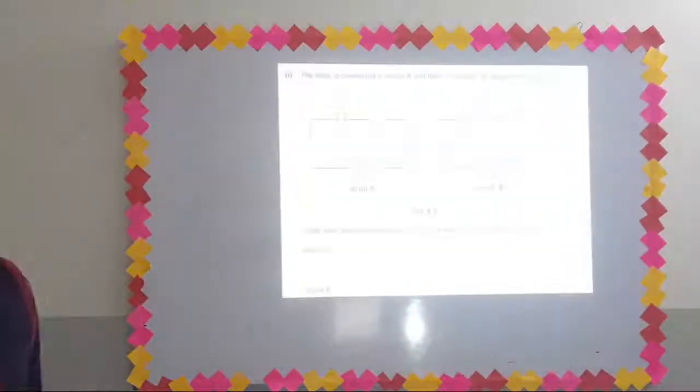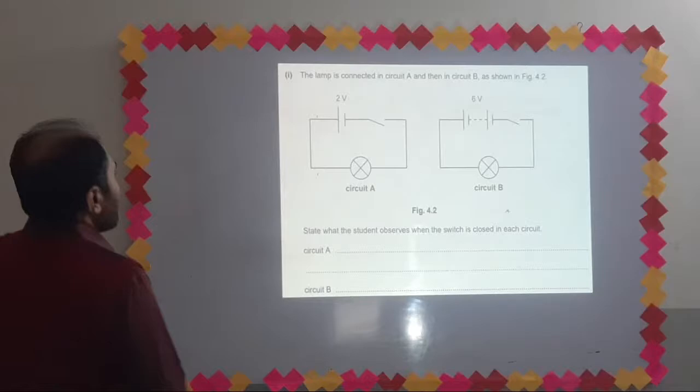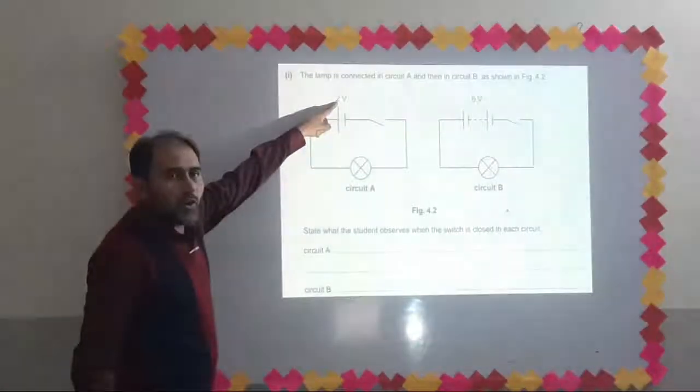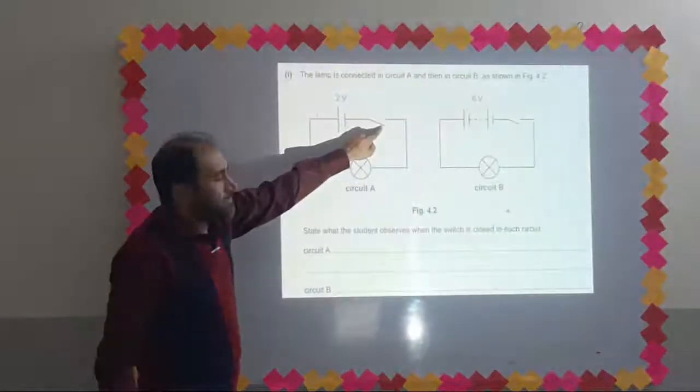This is a paper from Cambridge past papers. Have a look at the circuit and answer the question. This is a bulb connected with a 2-volt battery. The switch is open.